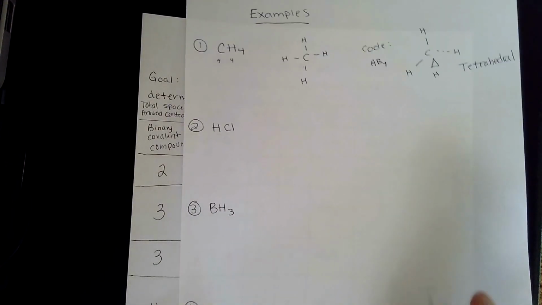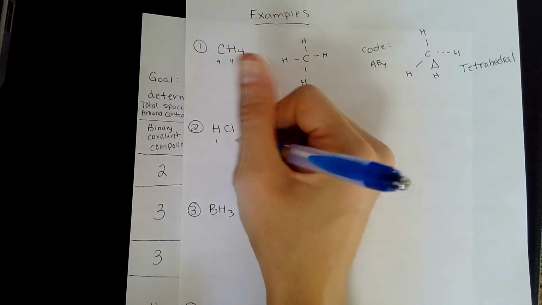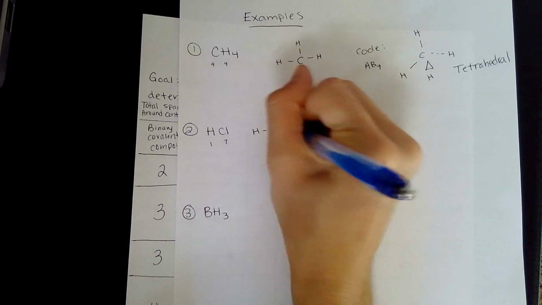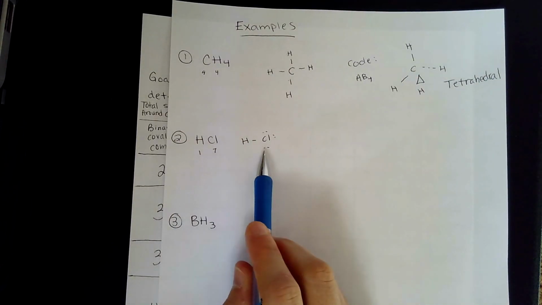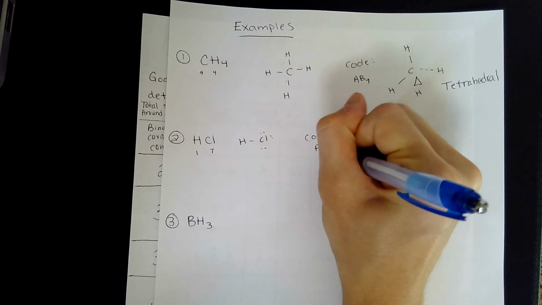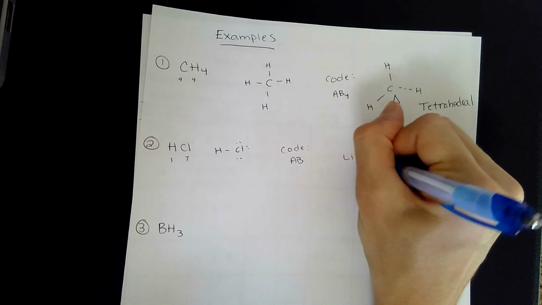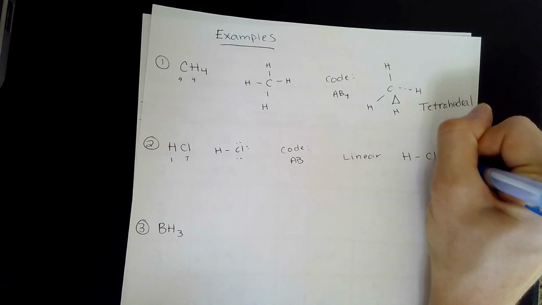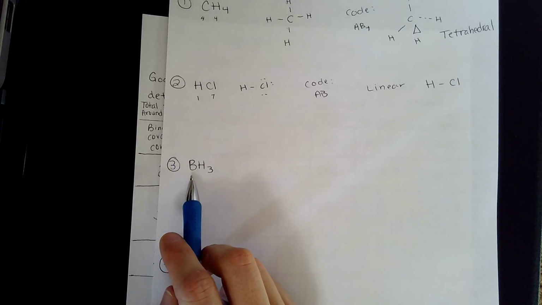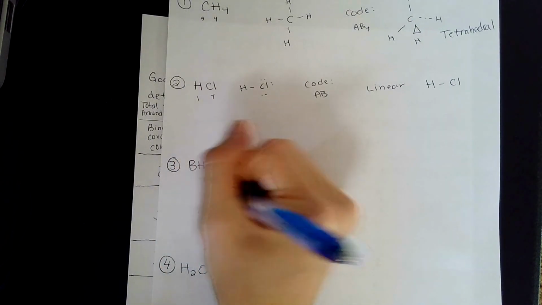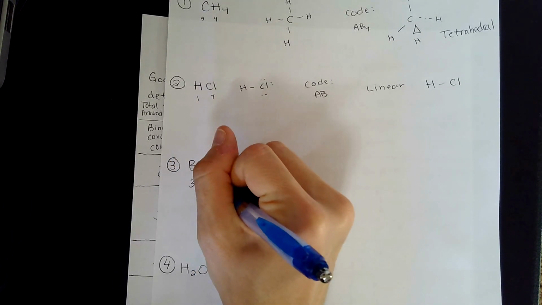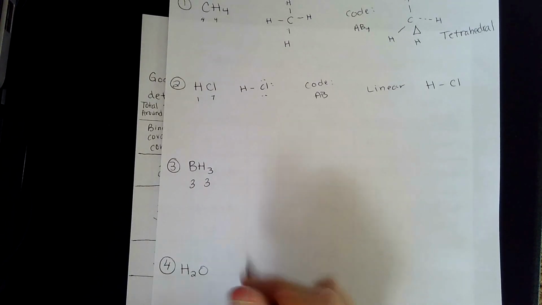If we do HCl, we have 1 electron here, 7 here, and this is a binary compound here. Our code would be just AB, and that would be in the shape linear. If we do BH3, if I look on the periodic table, boron has 3 valence electrons, and each hydrogen has 1, for a total of 3.